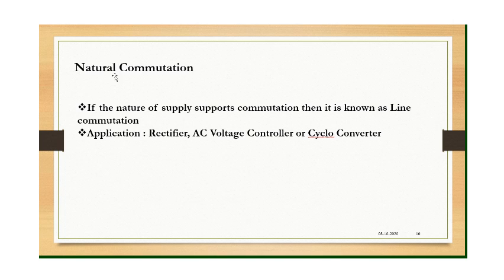That's why it is called natural commutation. And since you are using the supply or the line as it is for turning off the device, it is called line commutation. The advantage is that it doesn't need any external circuit to turn off the device. Simple examples are rectifier circuits, AC voltage controllers, and cycloconverters, which we'll be discussing.